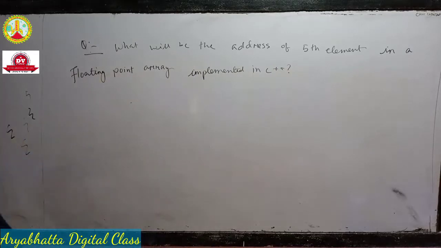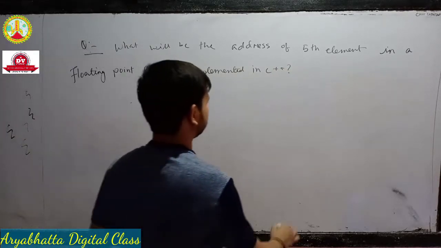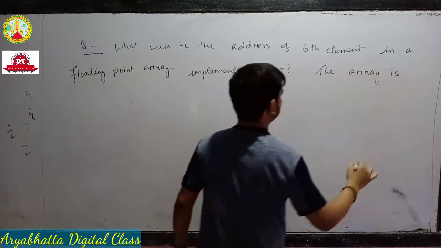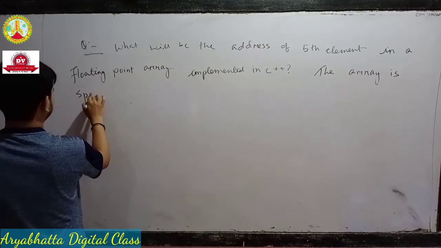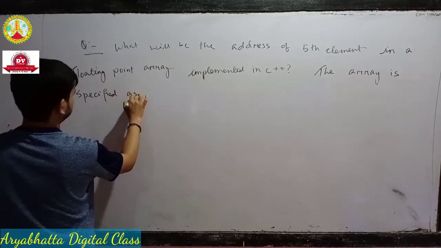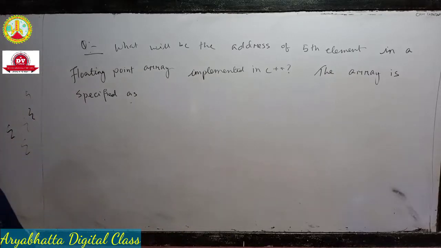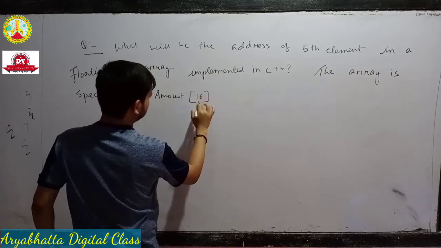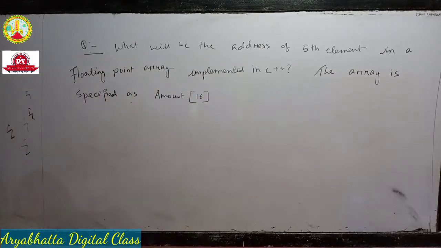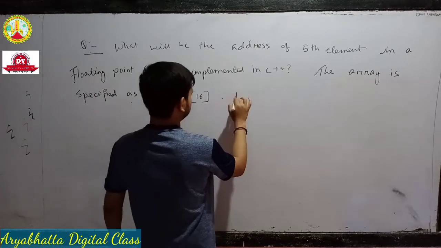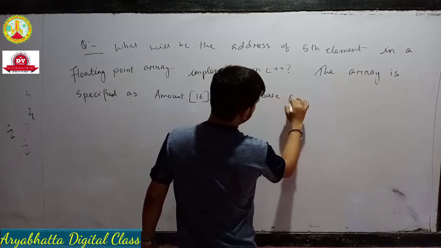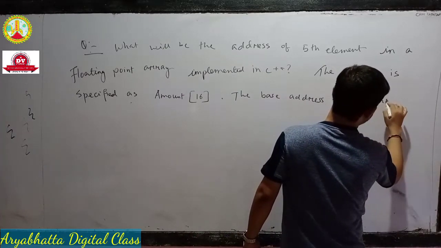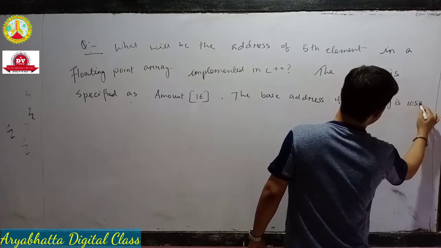The array is specified as amount 16. The base address of the array is 1058.